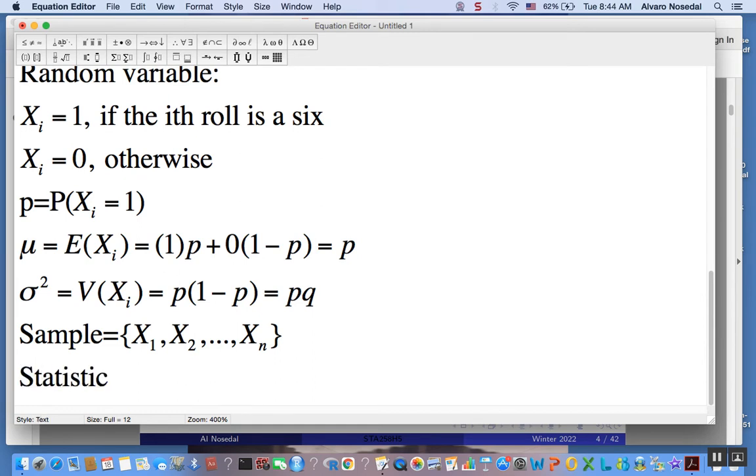Remember, a statistic is just a function of your sample, a function of these observable random variables. The statistic of interest in this case is going to be, let me call it Sn.